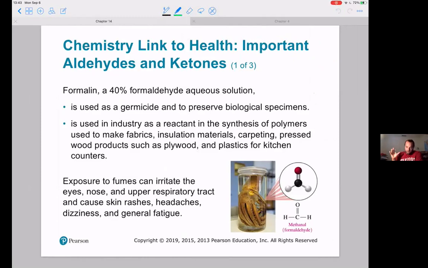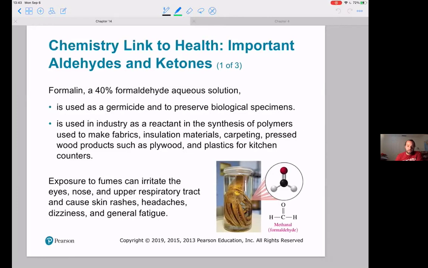It really freezes it in place. It's not terribly good for you. It's incredibly volatile, meaning if you were around formaldehyde, it stinks really badly, and it actually irritates your nostrils and everything like that. So yeah, it's not really good for you, but it does do a great job at preserving biological tissue.